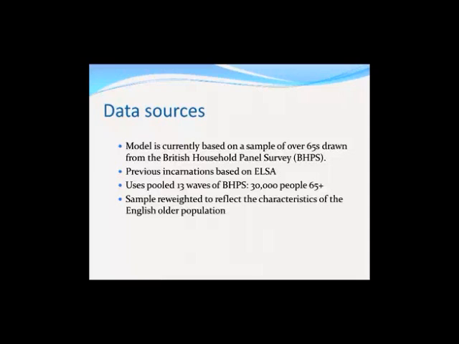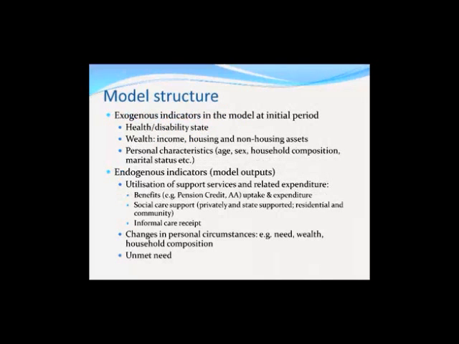We've reweighted all that sample in order to make it look like the cross section of all the people in England at the moment. Originally, we based the model on ELSA, and we will probably go back to ELSA at some point once we've got enough waves to have enough cases, because the data is going to be better eventually in terms of ELSA.